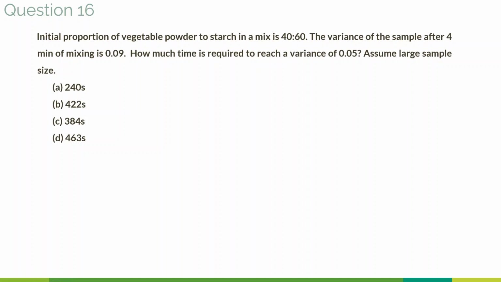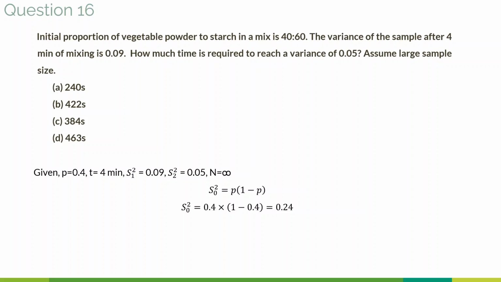So with this, very similar to the previous question, we calculate what is S naught square, we calculate what is S infinity square. S square is already given here as 0.09 and time is given as 4 minutes. So with this, S naught square is equal to P into 1 minus P as we discussed in the previous slide.